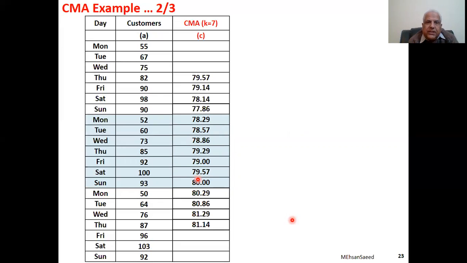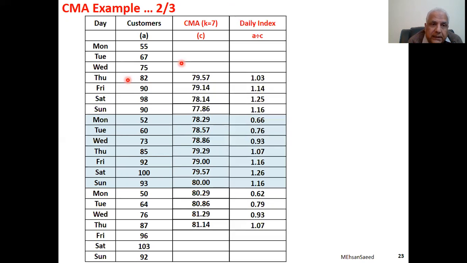The next stage is index. So we have to divide this with this to get the index. Of course, this data is irrelevant now because this doesn't have a CMA. Here we are, these are the indexes.